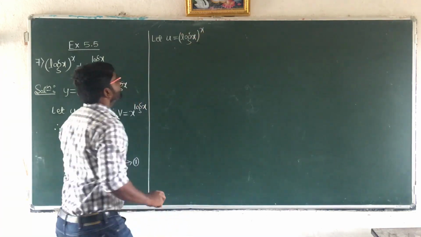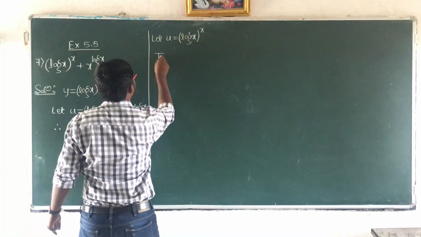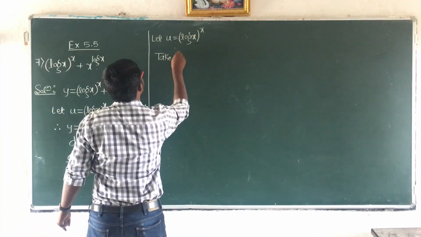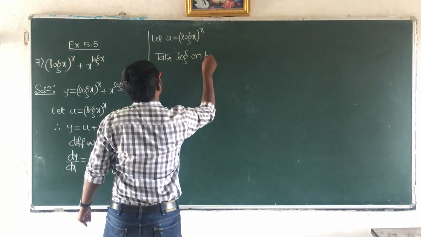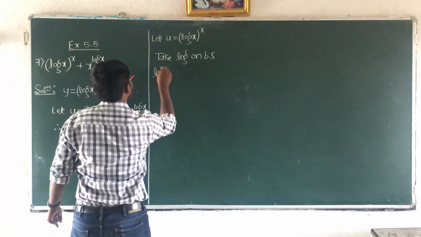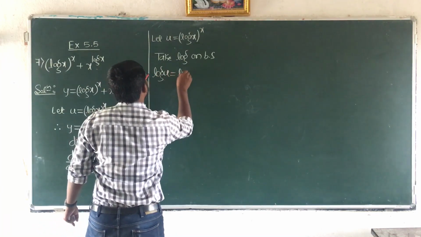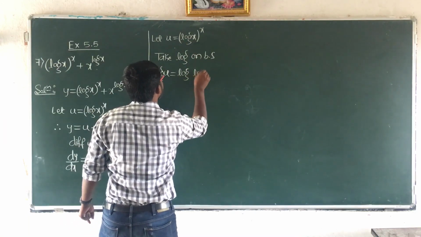Now let us take log on both the sides. So this becomes log u is equal to log (log x)^x.